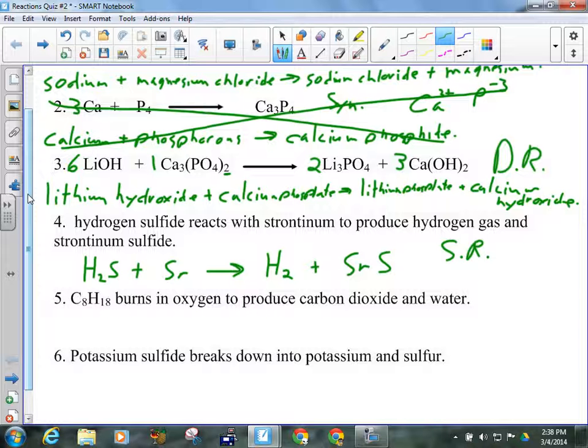Okay? But when it's by itself, it is always a 2. It just so happens on this one that because this is -2 and this is +1, hydrogen ends up being a 2 in that compound. Okay? Hydrogen, when it's with nitrogen, is H3N. Okay? It all depends what it's with. When it's by itself, it has to have the 2. If it doesn't, it's wrong. Okay? And then probably your balancing is wrong too. All right? Everybody with me there? Okay, we've got to remember which ones are our special elements.